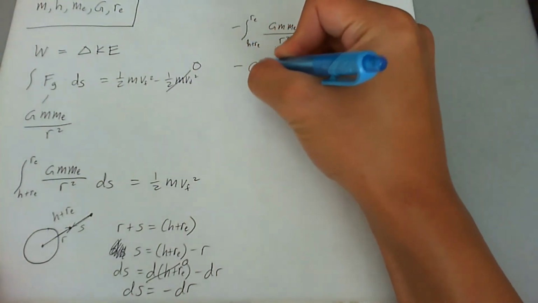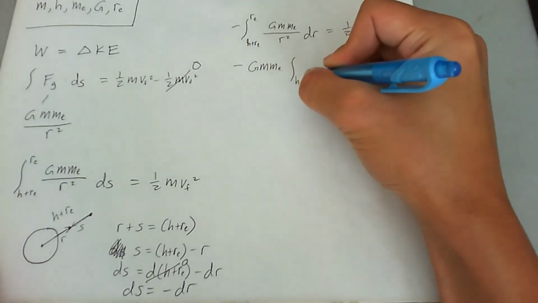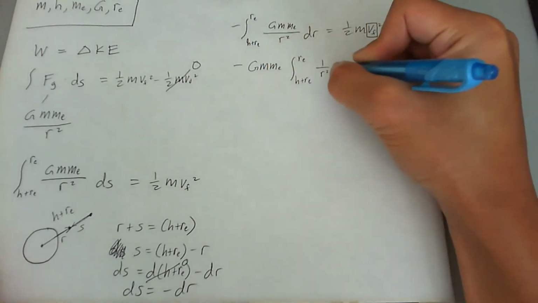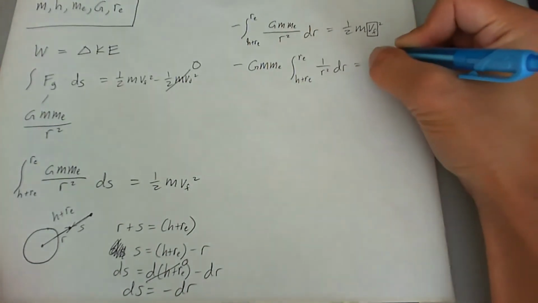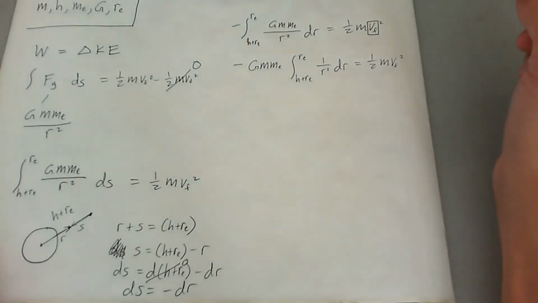Bringing out the constants G, m, M_E, I'm going to have left in the integral 1 over r squared dr, and that's still going to equal this thing right here.